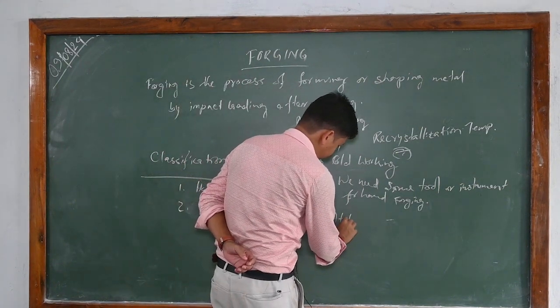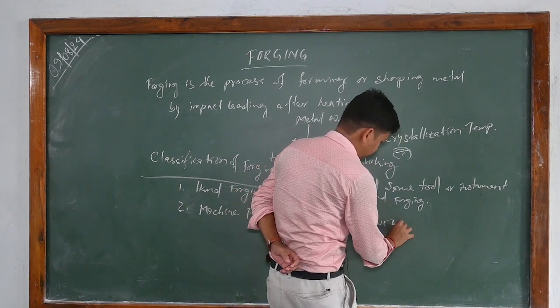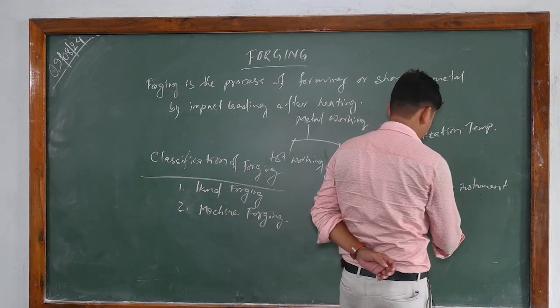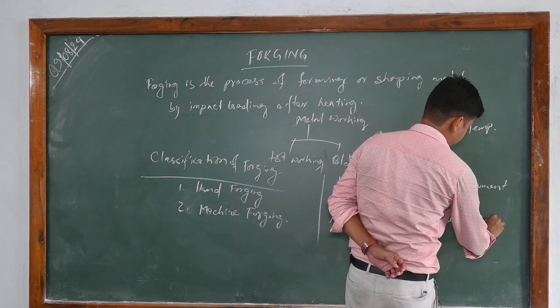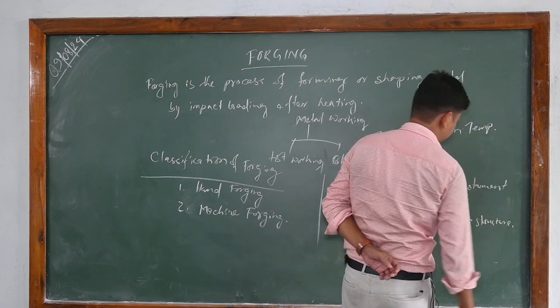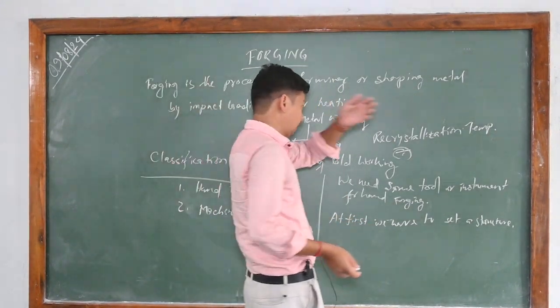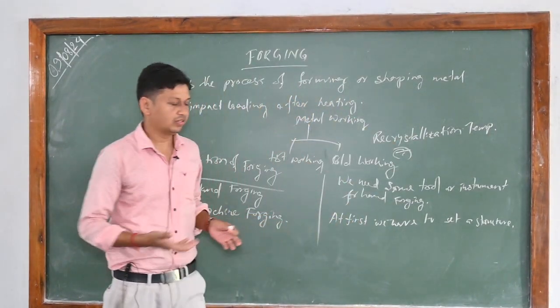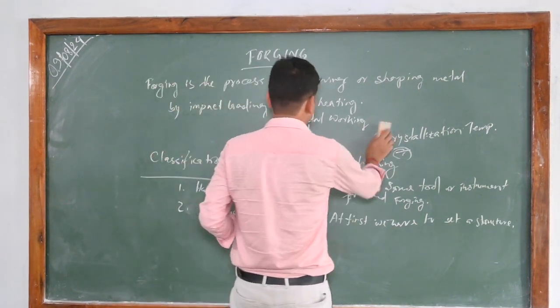At first, we have to set a structure where the forging operation is done. So for that we need a strong base, which is filled by the anvil.